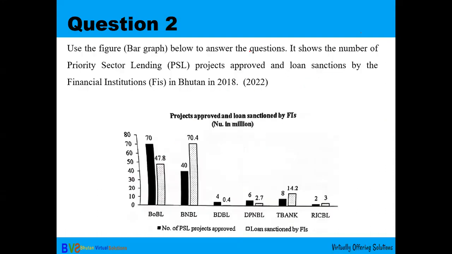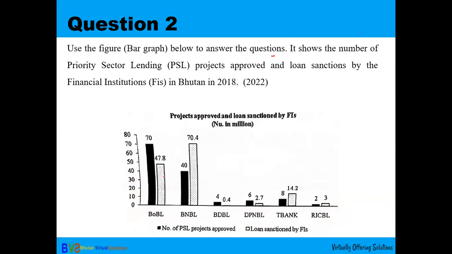Now, if you see this question, below to answer the questions. It shows the number of priority sector lending, that is PSL, projects approved and loan sanctioned by the financial institutions FIs in Bhutan in 2018.